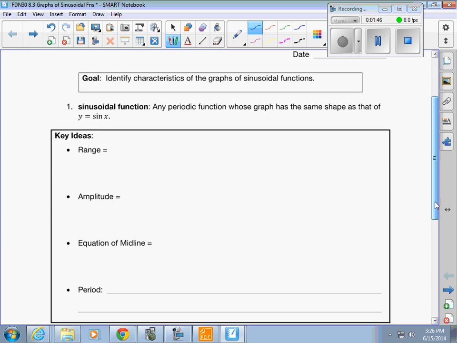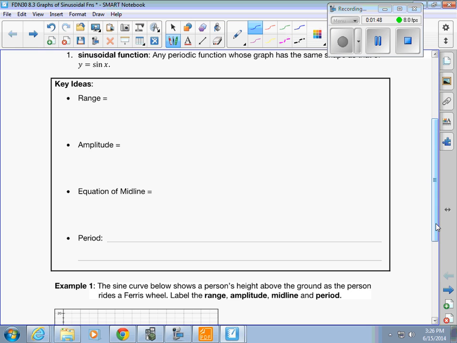So key ideas that we're looking at. The range is our maximum value minus our minimum value, or you could write it as maximum minus minimum.